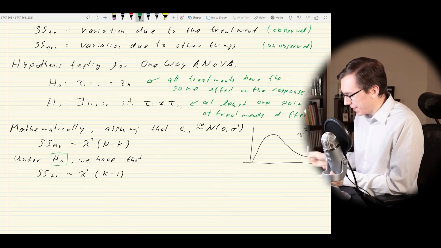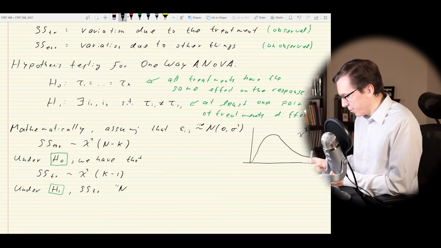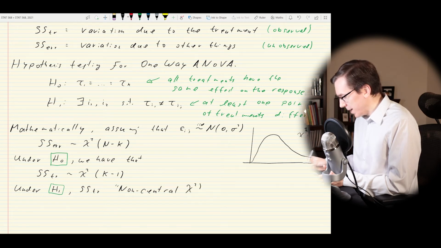This is specifically under the null hypothesis. Now, under the alternative hypothesis, what we have is that the treatment would have what we call a non-central chi-squared distribution.